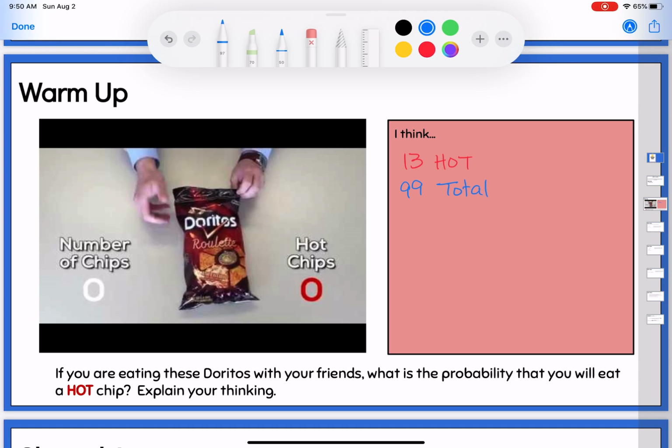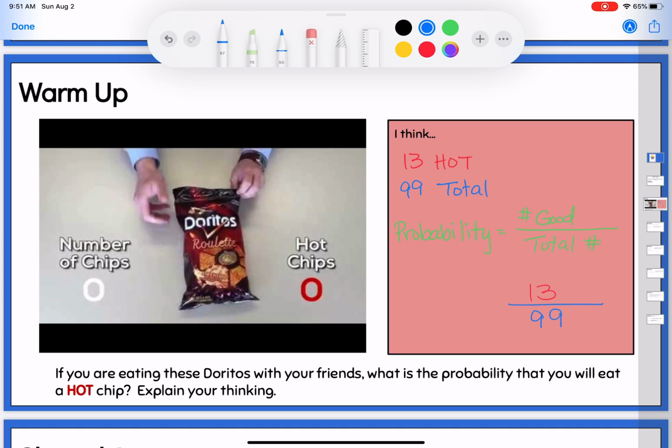So the probability then, if you remember what probability is all about, is a fraction where I have the number of good possibilities, or the ones that I want, on the top, and the total number on the bottom of that fraction, right? So in this case, my probability would be 13 out of 99.